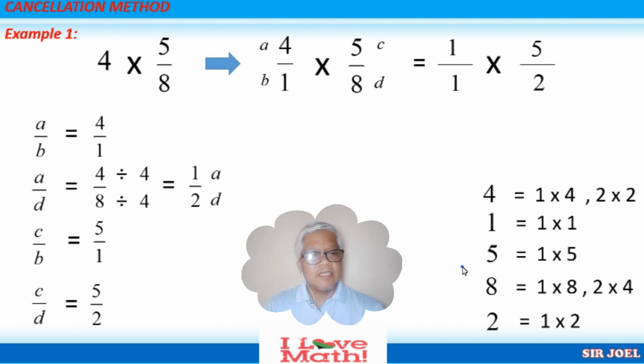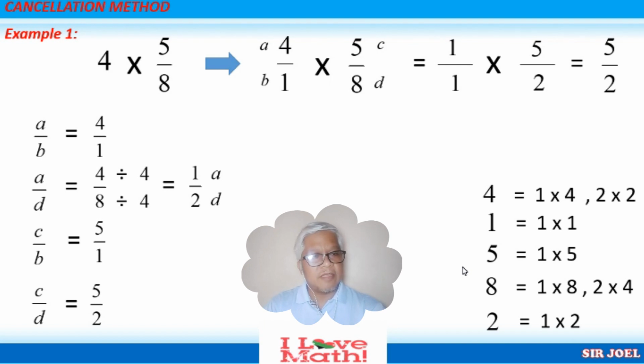So, what is 1 times 5? The answer is 5. What is 1 times 2? The answer is 2. So, our answer is 5 over 2. Now, if you notice, 5 over 2 is an improper fraction. So, kung inyo matatandaan, if it is an improper fraction, dapat i-divide natin yung numerator by the given denominator.